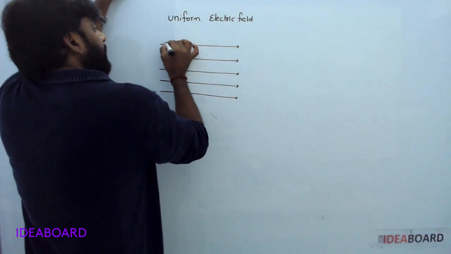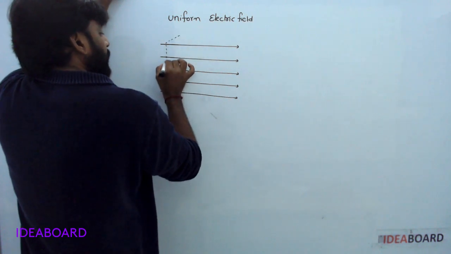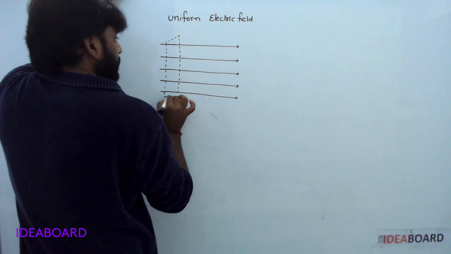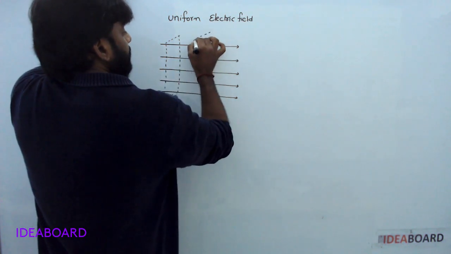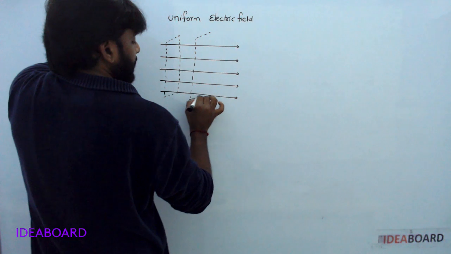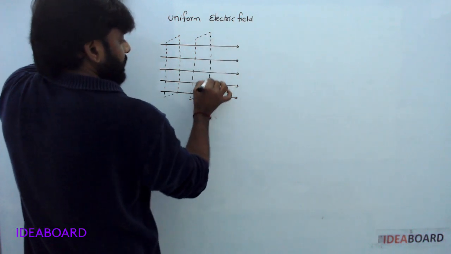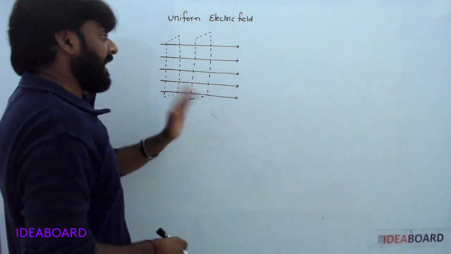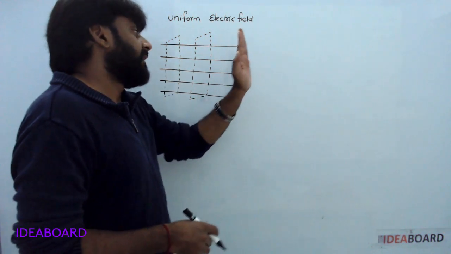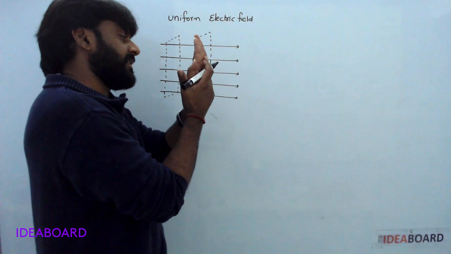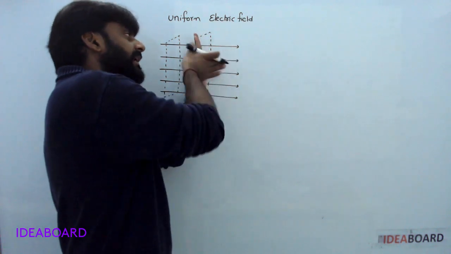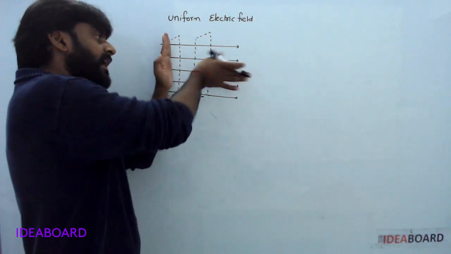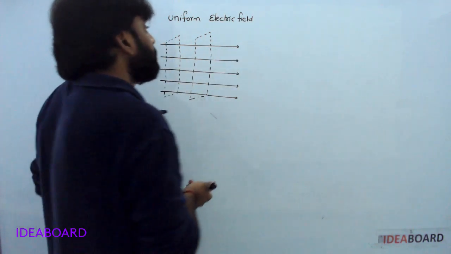Here, this one is an equipotential surface, and this one is another equipotential surface. See, an equipotential surface is always normal to the electric field lines. For example, this one is an equipotential surface, normal to the electric field lines. This one too, normal to the electric field lines.